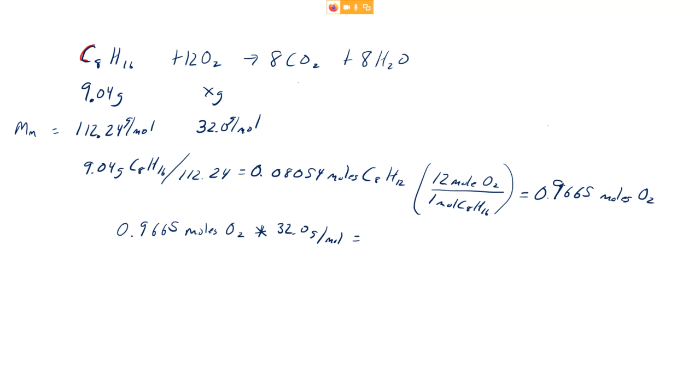So times 32 gives me 30.9 grams of O2. Okay.